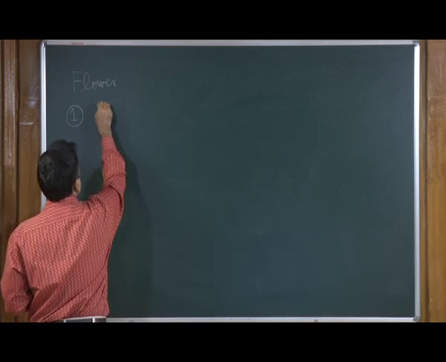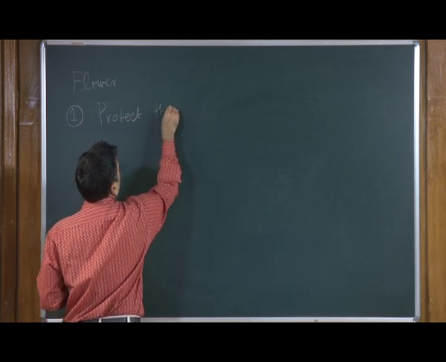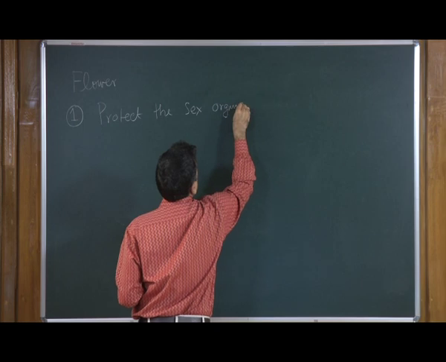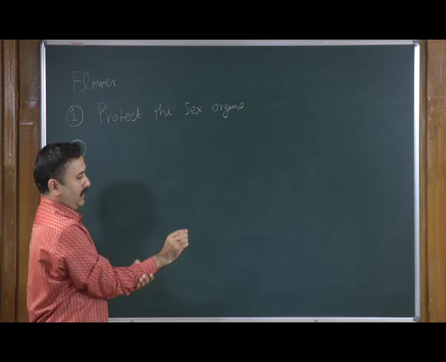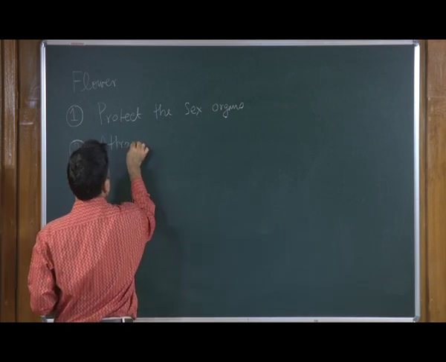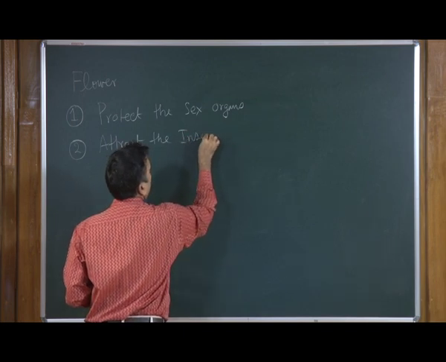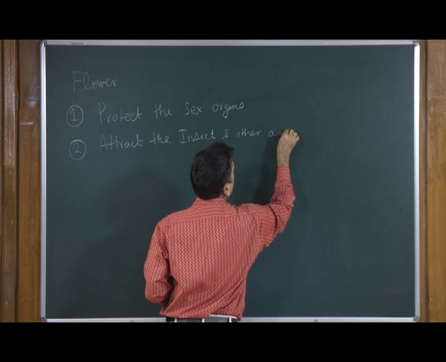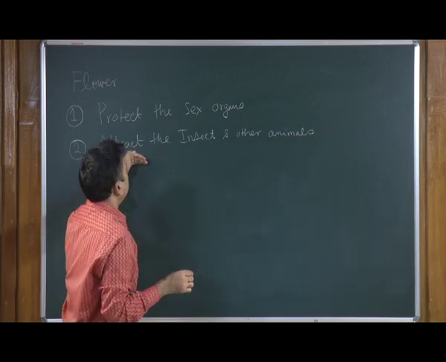Number one, the primary function of a flower is to protect the sex organs. Number two, attract the insects and other animals. So, flower is doing two jobs.